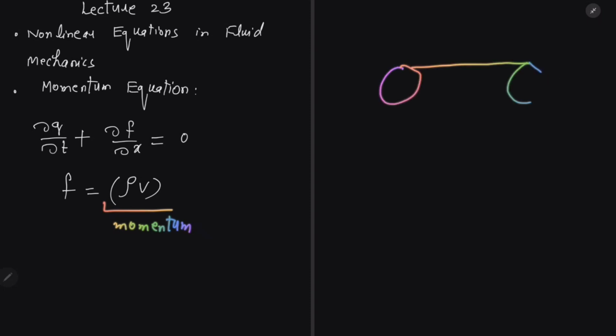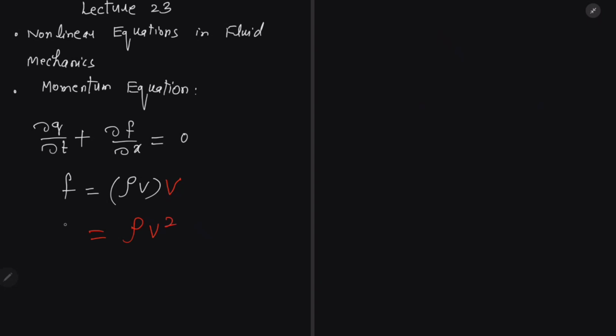For example, if we have a pipe and the quantity entering is rho v, which is the momentum, it will travel into this pipe, so it requires a velocity. We multiply this with the velocity v. So we add that, rho v times v, which equals rho v square. So the flux will be rho v square.